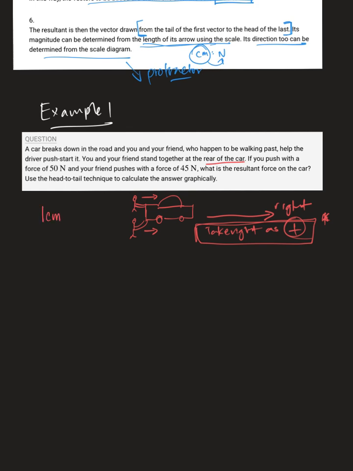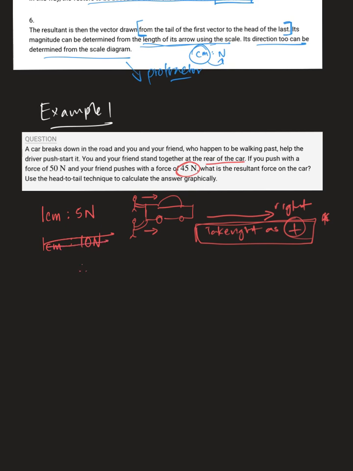I'm going to say 1 centimeter is to, I can either choose 5 newtons, or I can say 1 centimeter is to 10 newtons. But the problem with that is there's a 45 here. So it would be better for me to use 1 centimeter is 5 newtons.